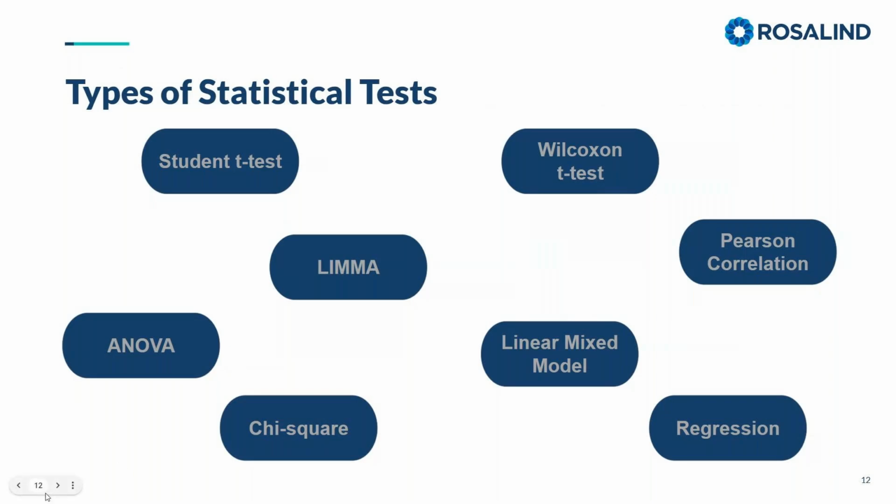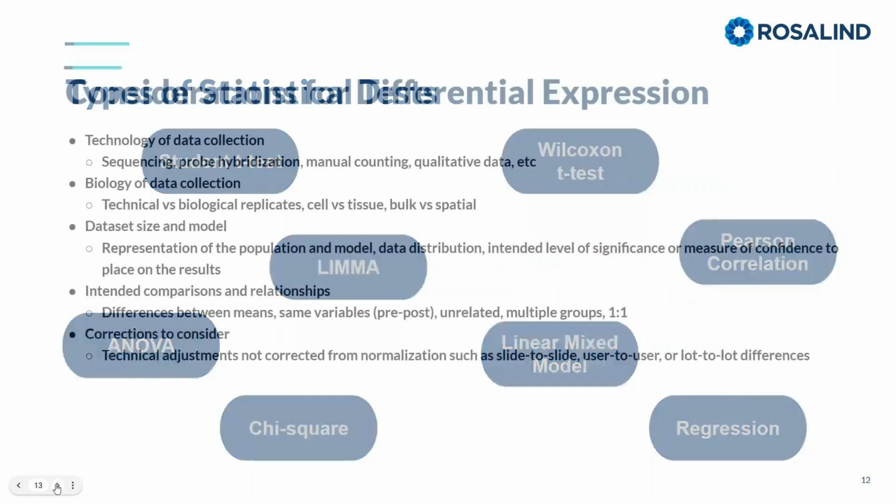There's a ton of different models. So how do you know what the right model is to compare your data and feel confident that the results you're seeing are correctly set up for what you want to visualize? That's what we're going to talk about.